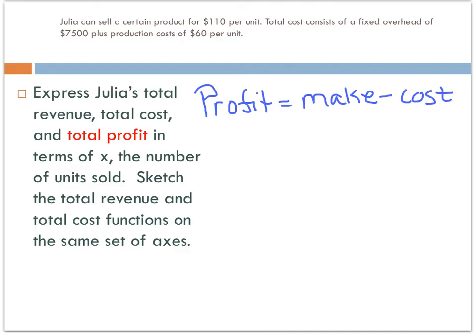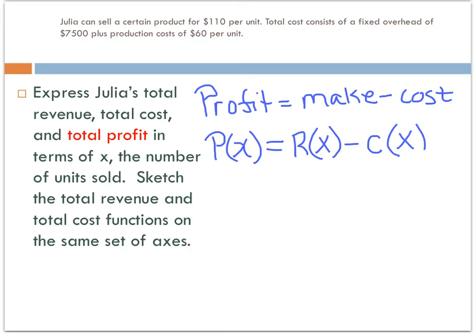How could we write that in terms of our revenue function and our cost function that we already have? I think we could take our profit function and write our revenue minus our cost function, and then we would have our profit function.